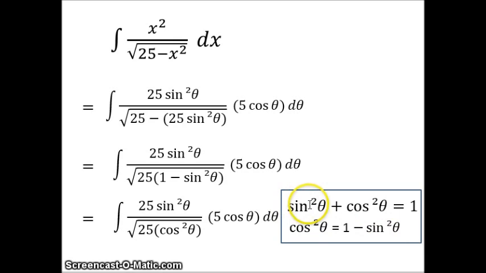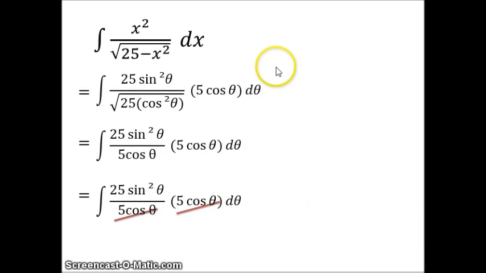So it's basically sine squared theta plus cos squared theta equal to 1, and just shift the sine squared theta over the other side, and you end up with cos squared theta equal to 1 minus sine squared theta, which is what's shown here. And now that we have cos squared theta, we can finally square root the entire denominator, and square root 25 would be 5, and square root cos squared would be cos theta. And seeing that we have a 5 cos theta over 5 cos theta, you can just cancel them both.